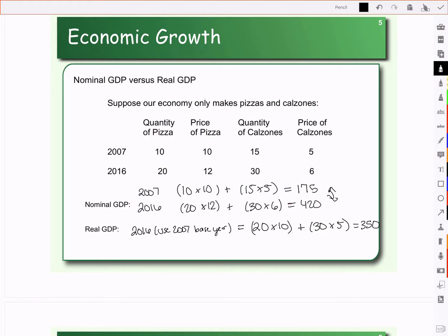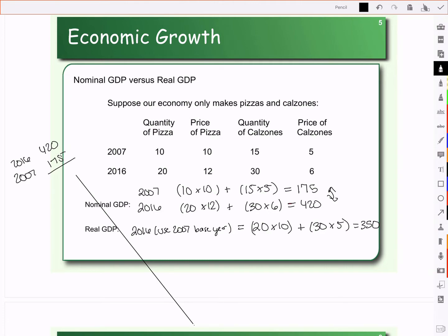So now we can use these three numbers we've calculated to figure out how much of the change from 2007 to 2016 was due to price and how much was due to a change in quantity. We notice that the nominal GDP in 2016 was 420, and the nominal GDP in 2007 was 175.